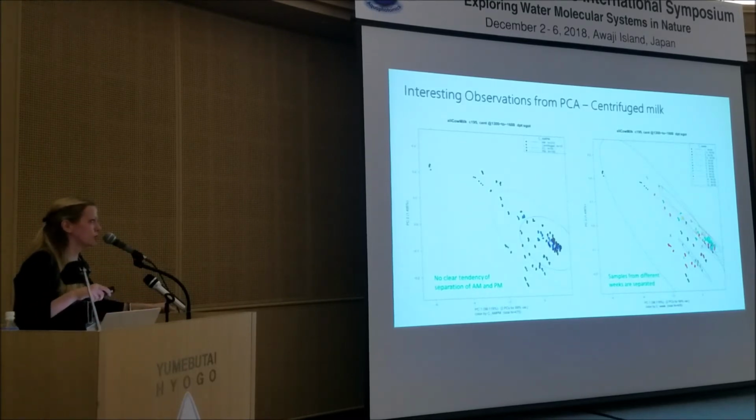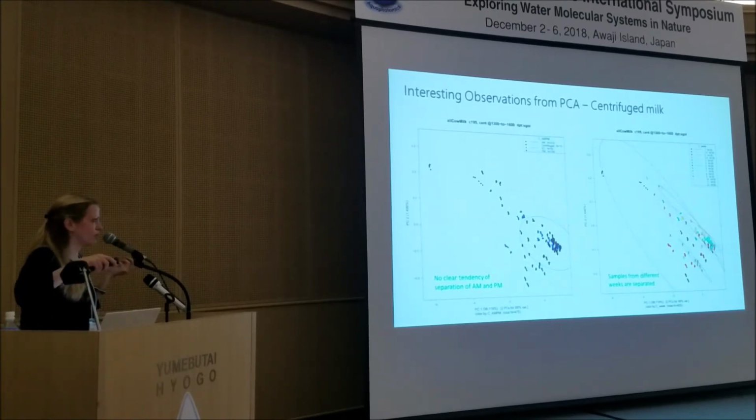And further, what was very interesting is that we had this really nice separation over the weeks. We were able to see this when we removed this really large percentage of fat. We were able to enhance the influence and the information that comes from water.